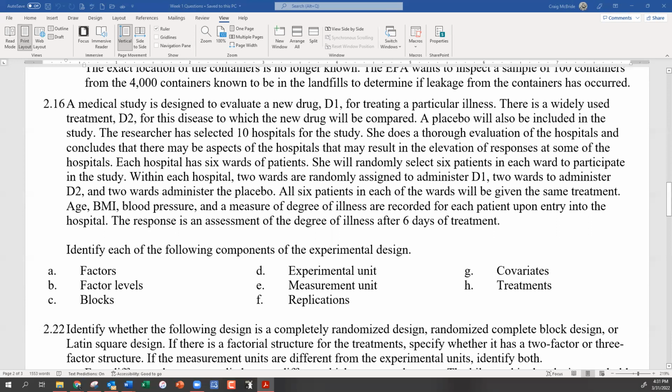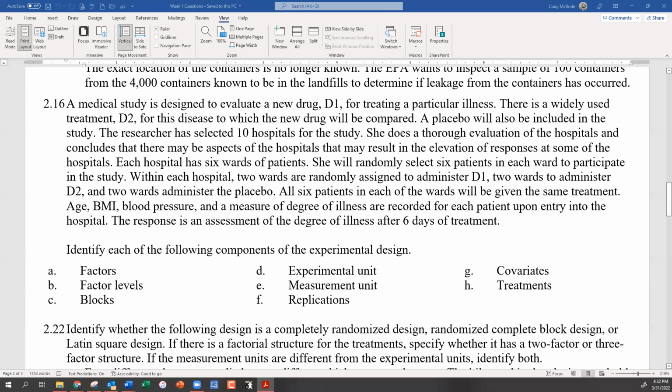Now, if any of you have gotten your grubby little hands on the solution manual for this book, it lists the experimental units as the wards. I think that's absolutely wrong, because an experimental unit is the thing on which you are measuring your response variable.